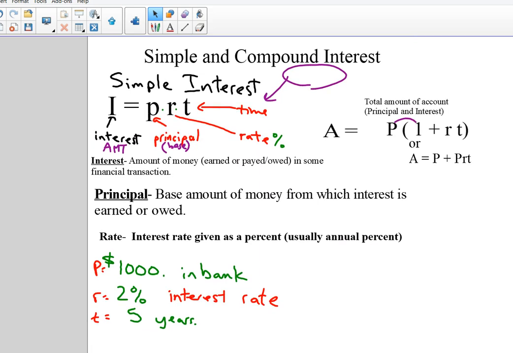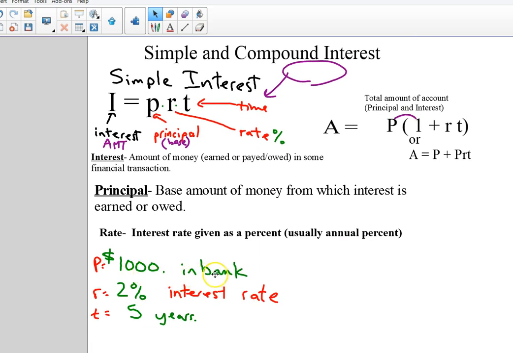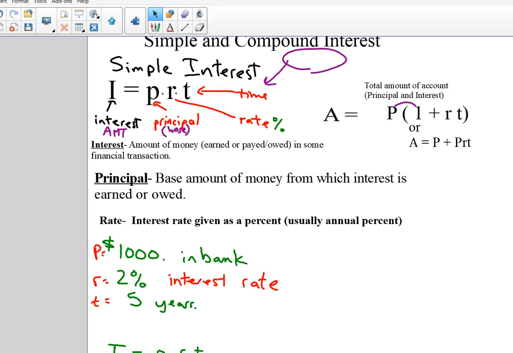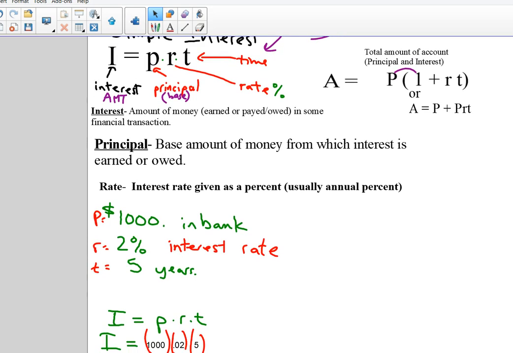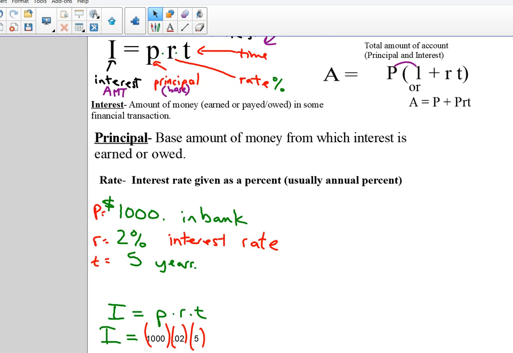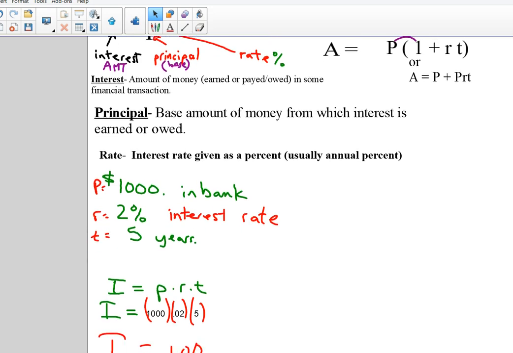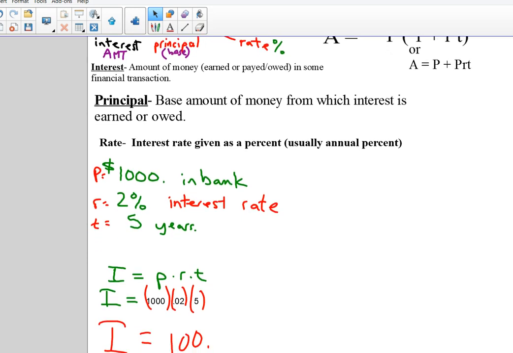Okay, so we have an example here. If I put $1,000 in the bank, and the interest rate that I earn is 2%, and I have it in there for 5 years, how much money will I earn in interest? My interest formula is I equals PRT. I substitute in for the P the $1,000. The interest rate is 2% or 0.02, and the time is 5 years. If I multiply all that together on my calculator, I get $100.